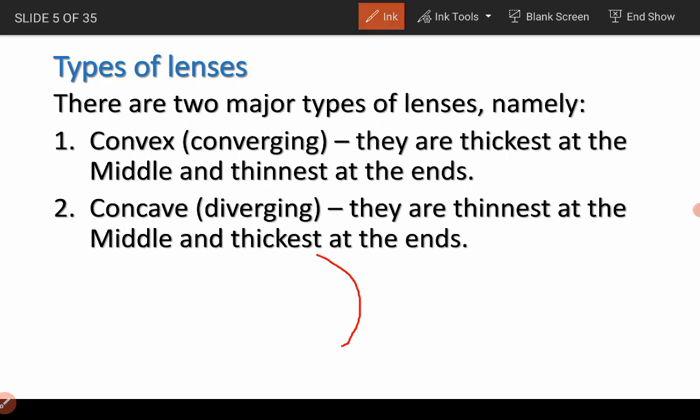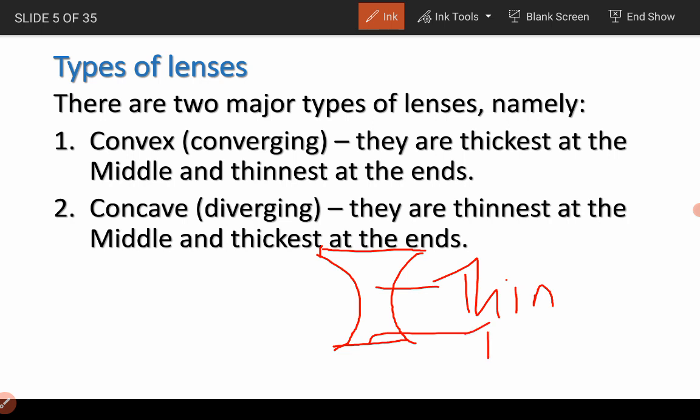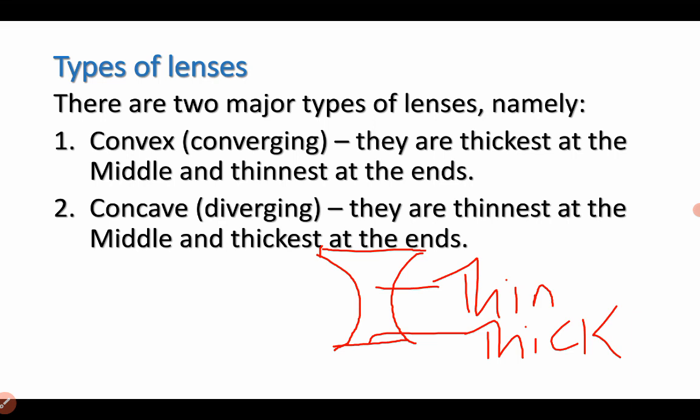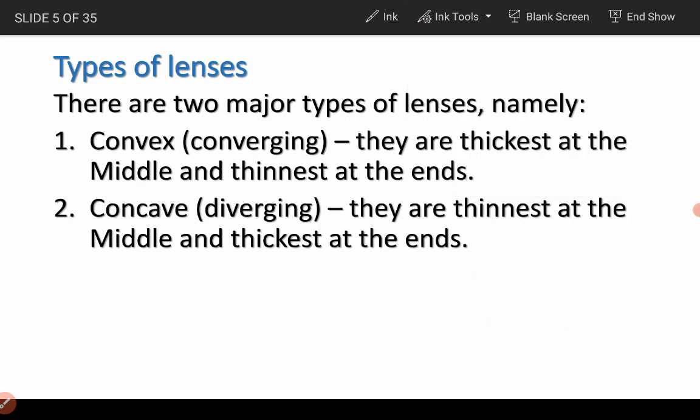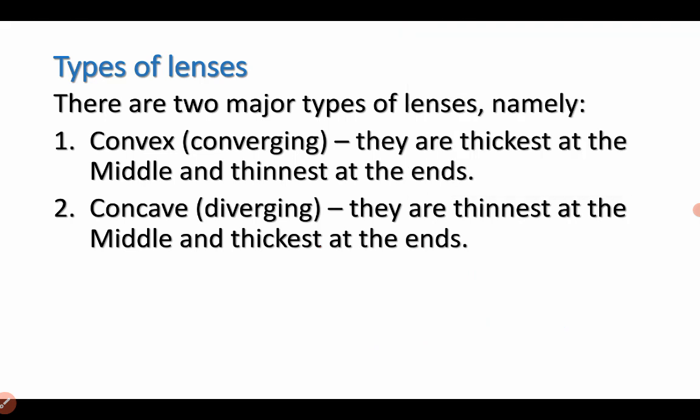So you'll see a concave lens will look like this. So here is thin, but on the edge is thick. I'm sure you got the two different types of lenses. These are the main types of lenses.